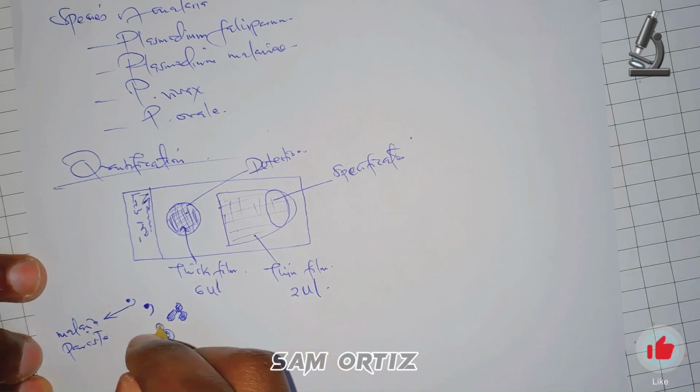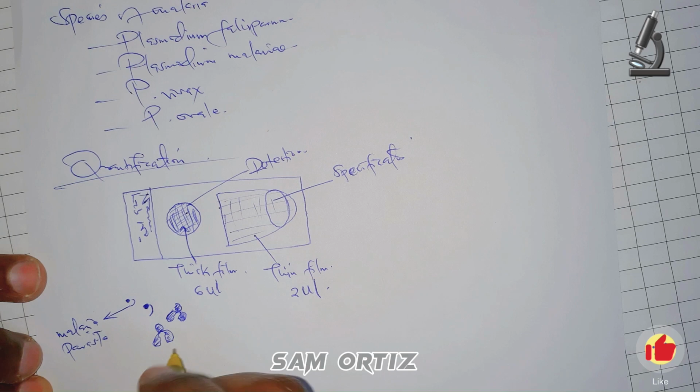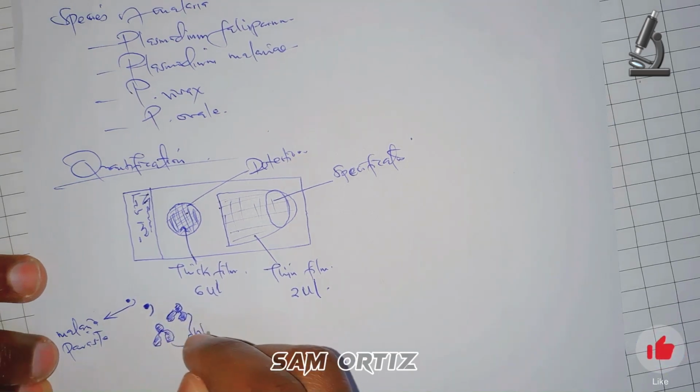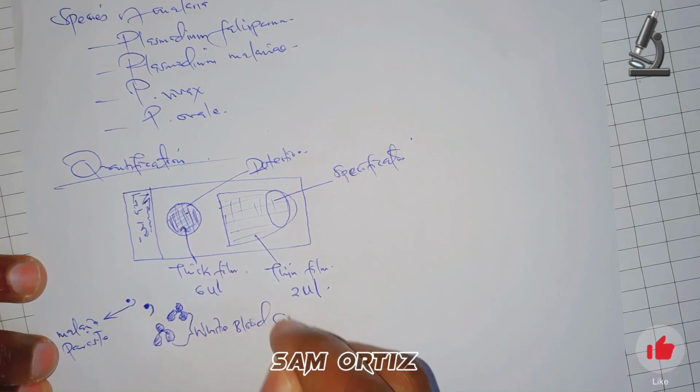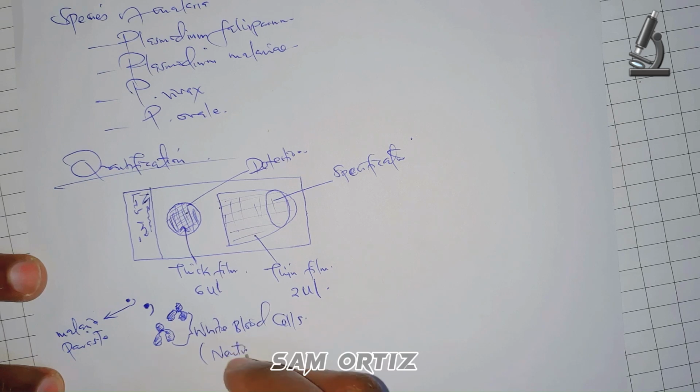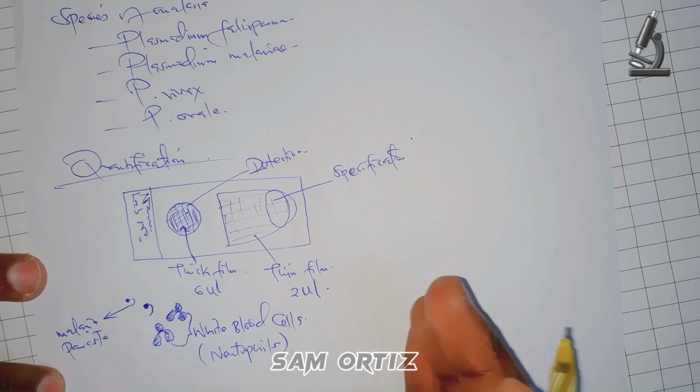This is a WBC, white blood cell, particularly the neutrophils. So this is the shape. We have others like basophils and eosinophils, but in this case let's just use the neutrophils because they're always very common in cases of malaria.